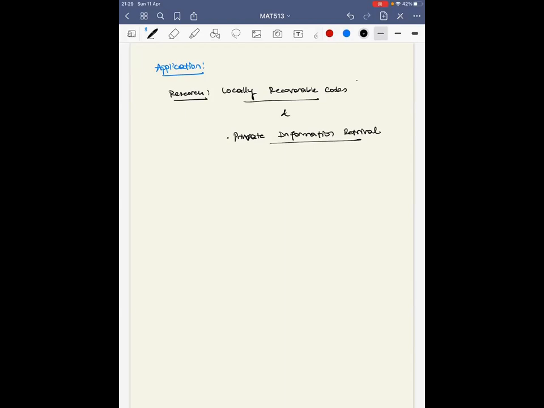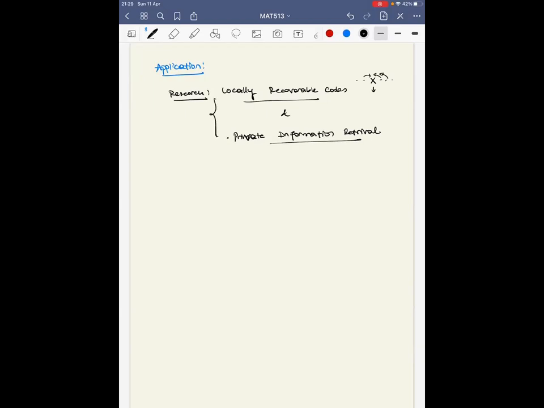We have a codeword, and we have a corrupted bit or coordinate in our codeword. By corruption, we mean it can be deleted. This theory is interested in recovering this corrupted data by using as few of the other coordinates as possible.